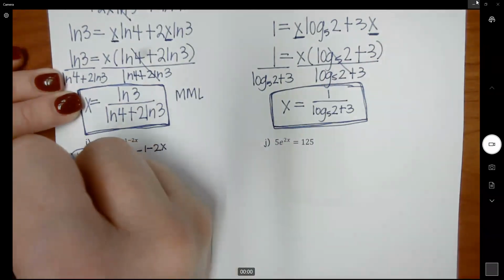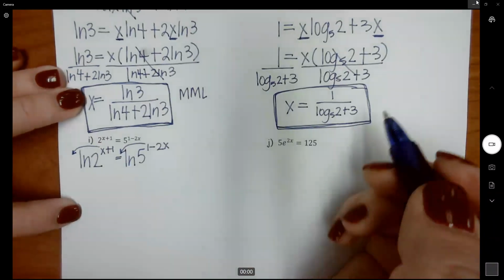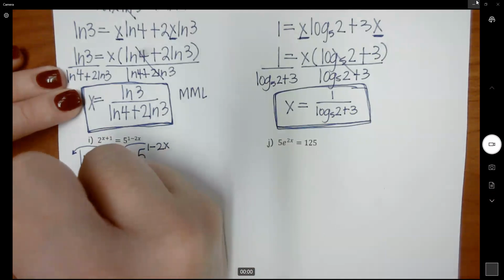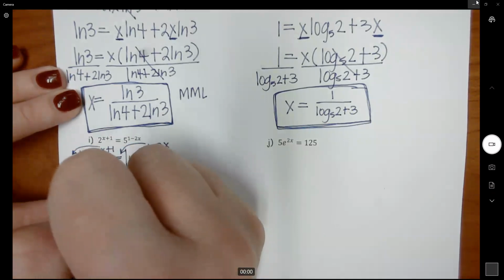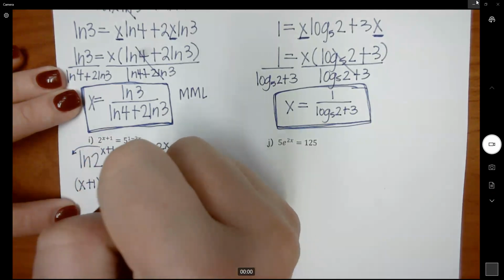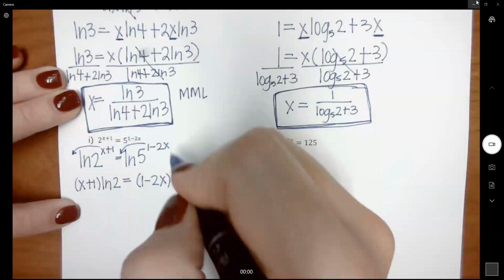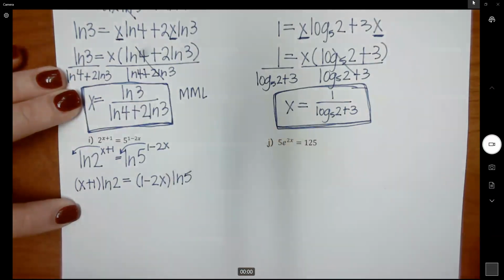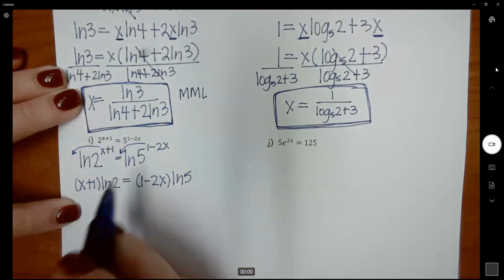And now I need to move these over here in front and become a factor. So this is x plus 1 natural log 2 and 1 minus 2x natural log 5. Okay, so I'm going to distribute the natural log of 2 to both of these.